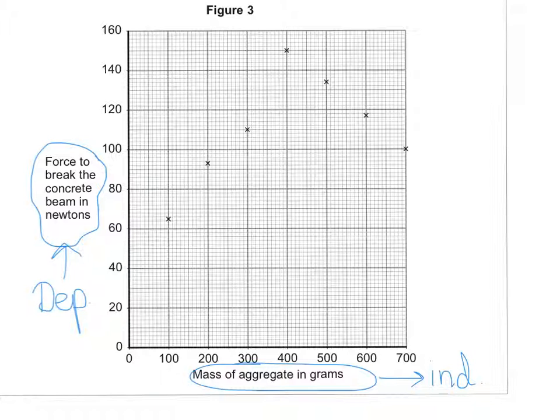Okay, now the question about the graph refers to there being one anomalous point, and it asks you to draw 2 straight lines of best fit in order to find the anomaly, which is quite unusual in science because we never normally really asked to draw 2 lines of best fit.